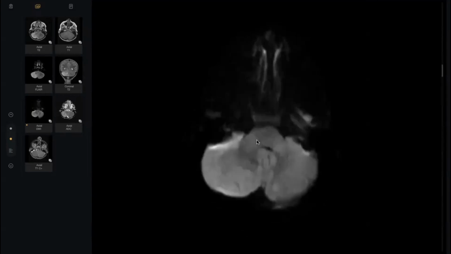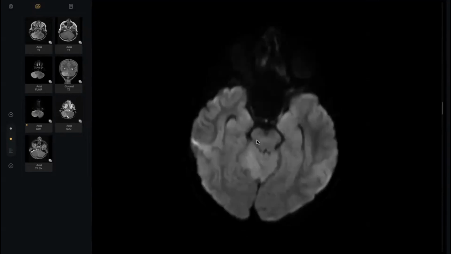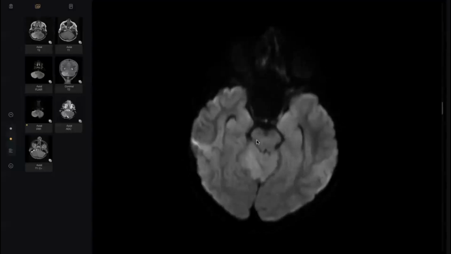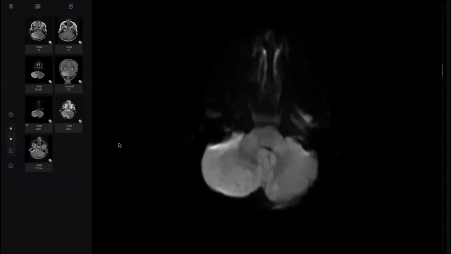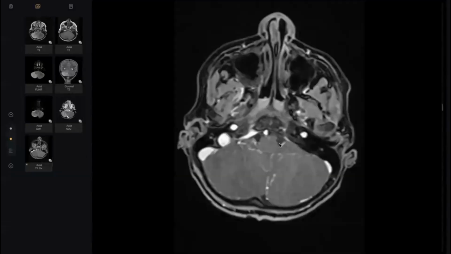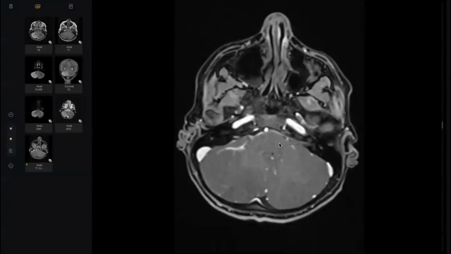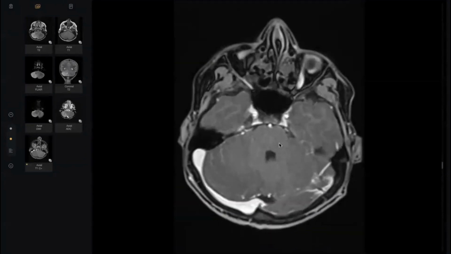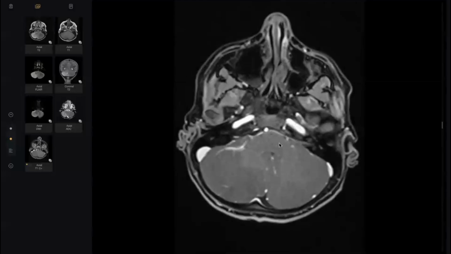Sir, there is mild enhancement in a subpial pattern with usually hemorrhagic conversion, and there is mild diffusion restriction as well. Yes, but it can be presented with almost no contrast enhancement. So this is herpes simplex infection.